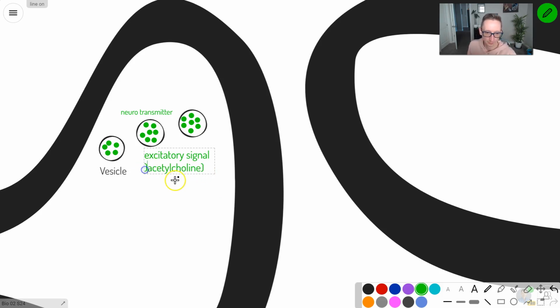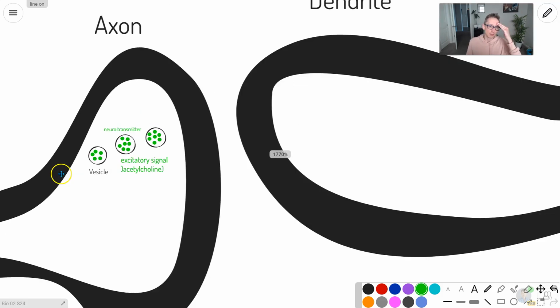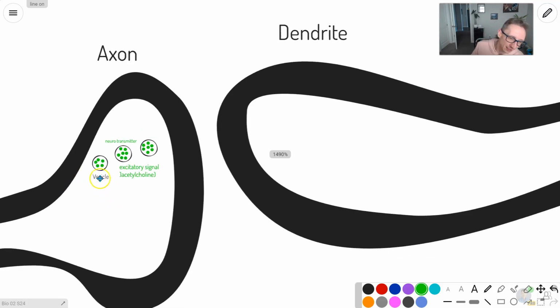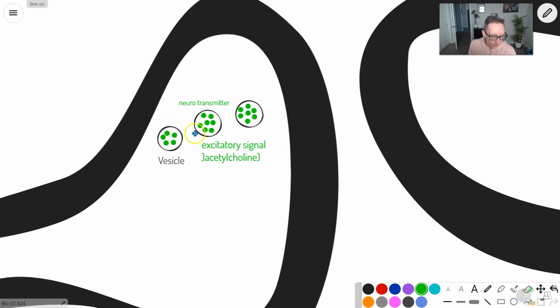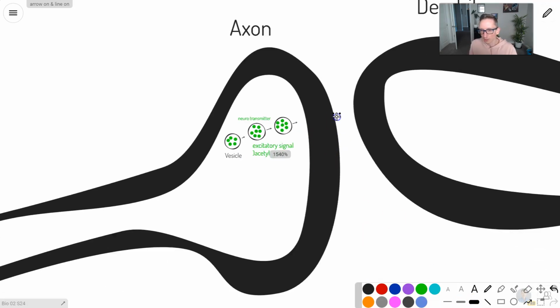That's one example. Okay. What happens is as the action potential propagates down here, what it's going to do is cause these vesicles to start to fuse. So they're going to move, and start to fuse with this membrane here. So let's see if I can do this here in an elegant kind of way. This is going to look a little weird, but that's okay.